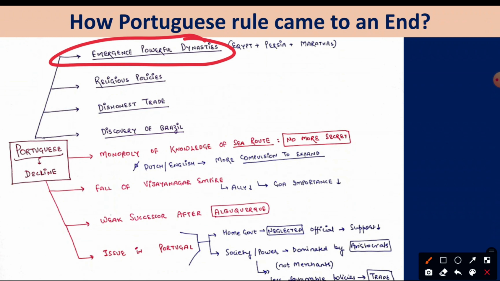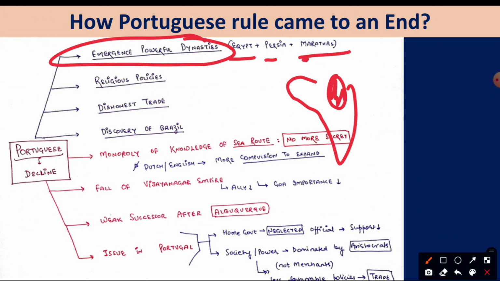Now we have major powerful dynasties in Egypt, Persia, and the Marathas in India. When you have very strong authorities in these places, they start persecuting you. You cannot continue your trade. They will start interfering in your trade. They will start punishing you. So that is why the Portuguese were brought down.